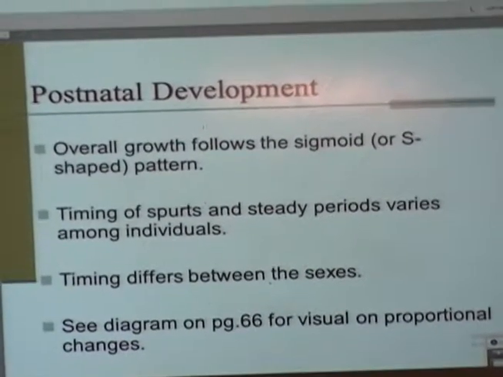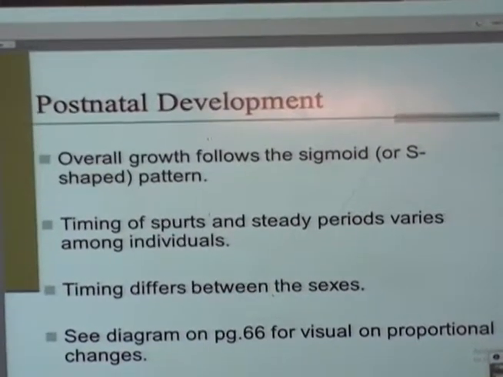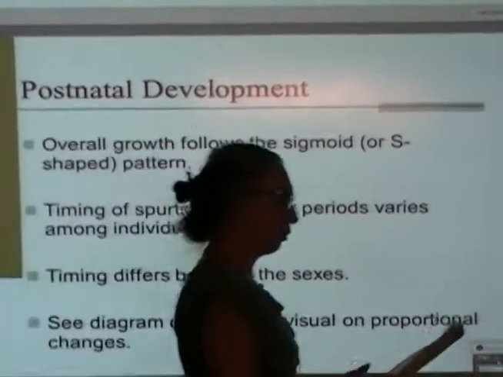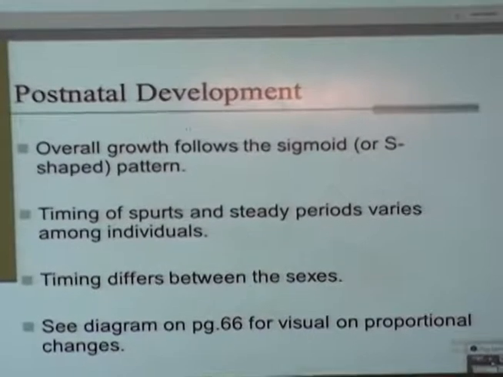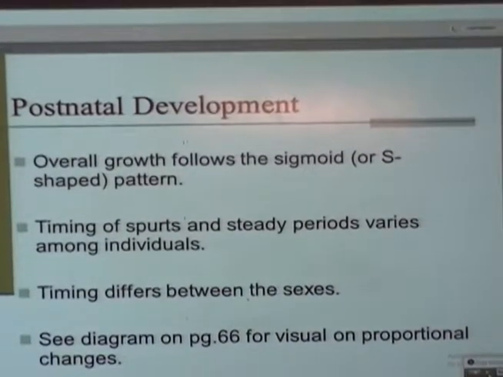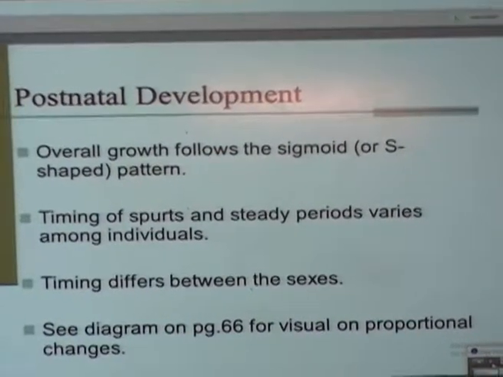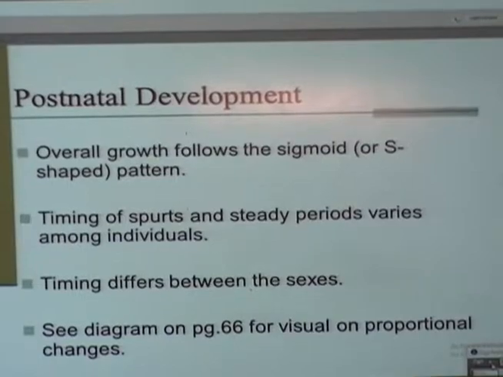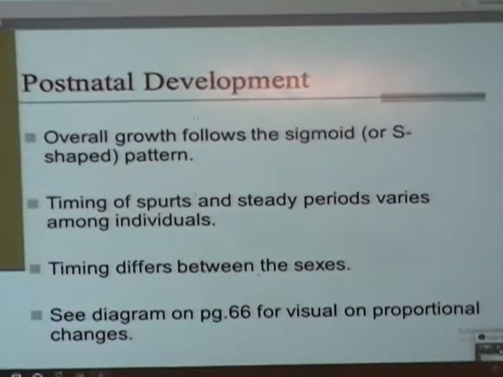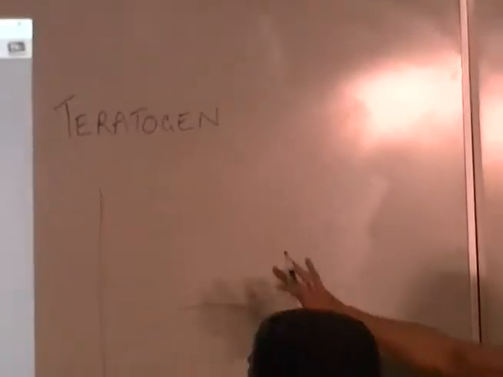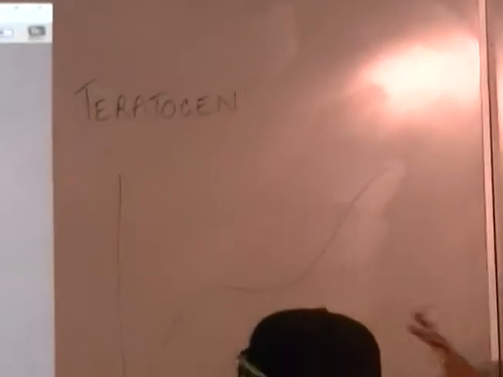All right, so Monday we're going to start talking about postnatal development, and we're going to start with growth. We're going to talk about the big picture, which is going to be a graph that looks like a somewhat flattened S. This is our universal picture for growth postnatally.